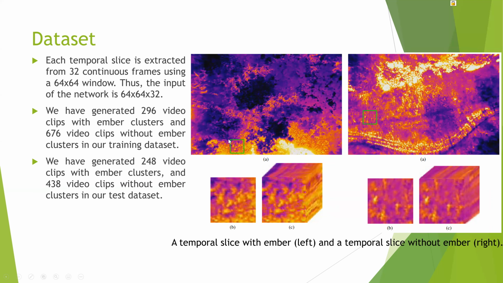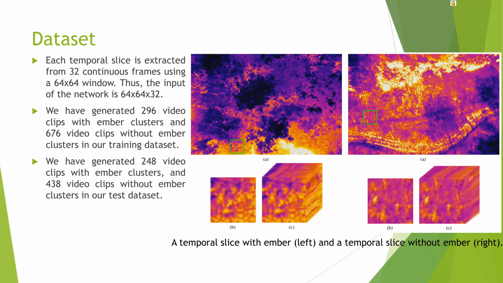So like this shows, we use a 64 by 64 window to extract 32 continuous frames. So this is our input. Our input is 64 by 64 by 32. We use 32 because the transform requires the input size to be an integer power of 2.